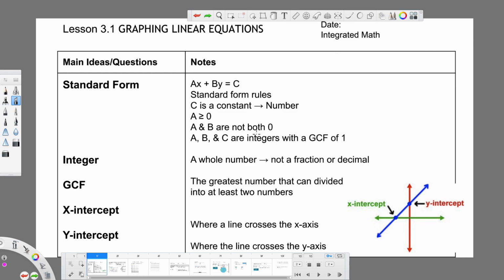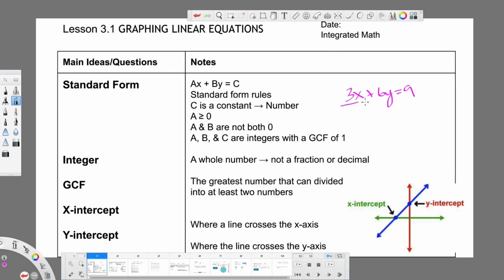A, B, and C are integers with the greatest common factor of 1. This means that we don't want to have something like 3x plus 6y equals 9, which is actually an example we've ended up with before. These are all divisible by 3, so they have a greatest common factor of 3, not 1.